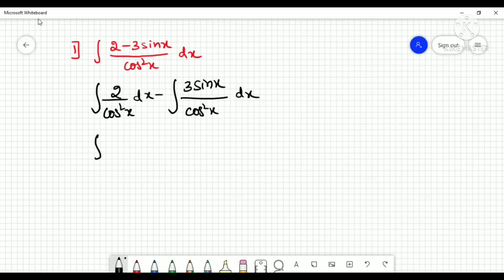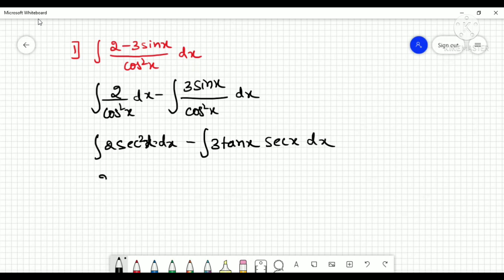Integration of 2 as it is, 1 by cos square x is secant square x dx, minus here sin x by cos square x. Sin x by cos x is tan x, then 1 by cos x is left, that becomes secant x dx.